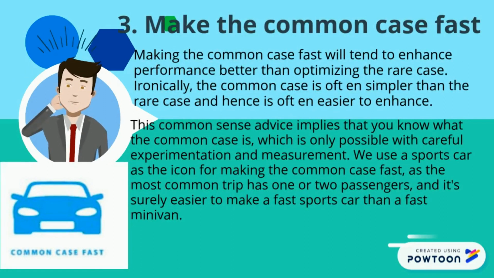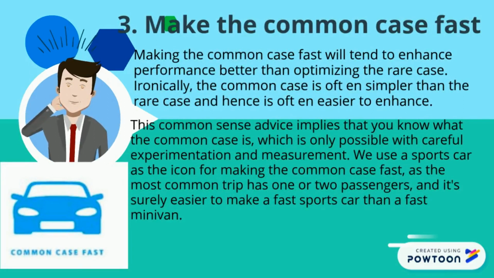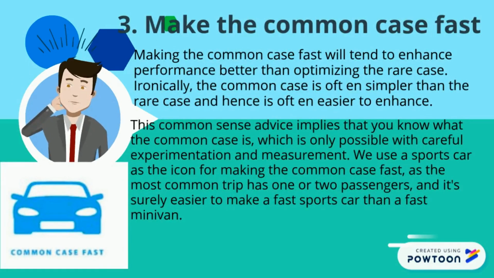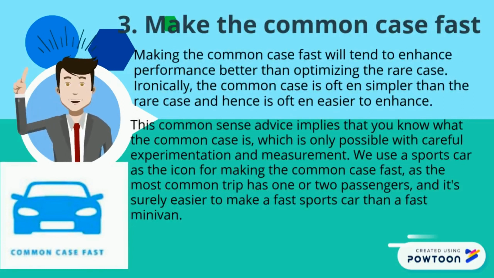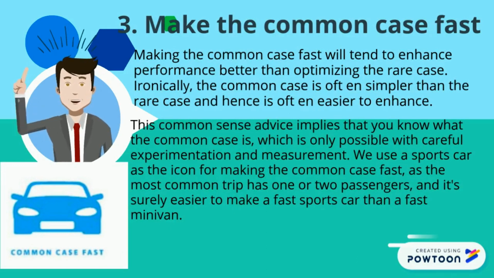This common sense advice implies that you know what the common case is, which is only possible with careful experimentation and measurement. We use a sports car as the icon for making the common case fast, as the most common trip has 1 or 2 passengers, and it's usually easier to make a fast sports car than a fast minivan.